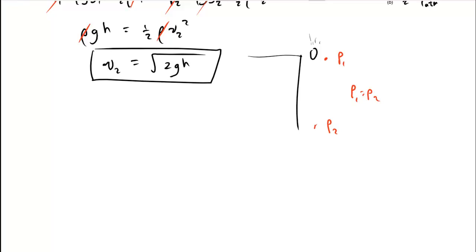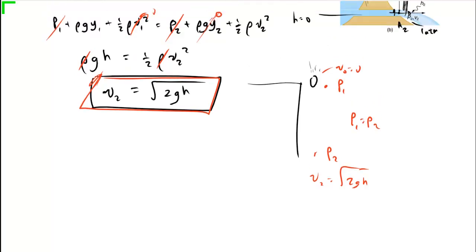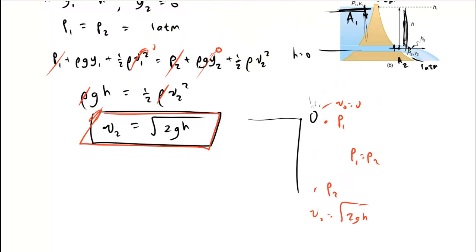And we ended up saying that if v0 was equal to 0, the velocity out here was equal to the square root of 2gh. We also came to the same conclusion with conservation of energy, neglecting wind resistance and pressure differences. So this is the same conclusion that we came up with previously, like dropping a ball off a cliff. Same thing works for water coming out of the bottom of a dam.